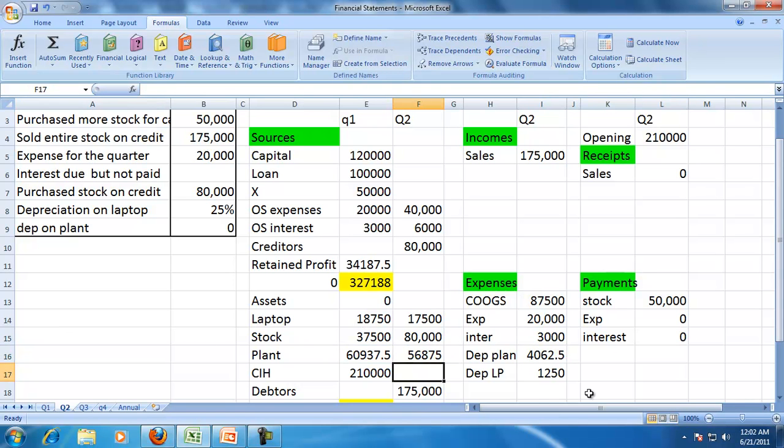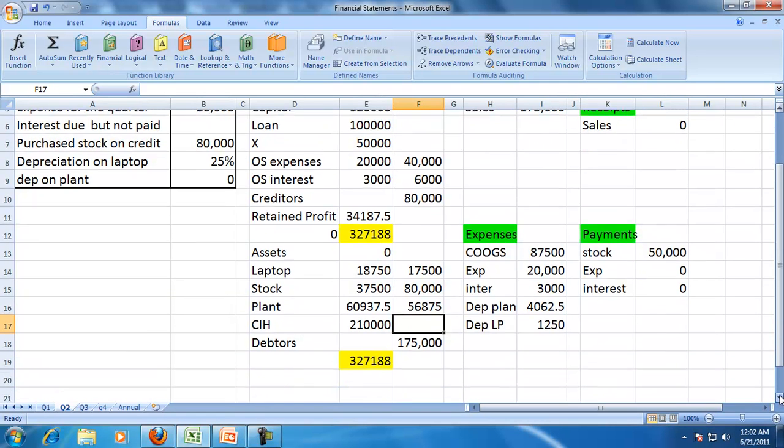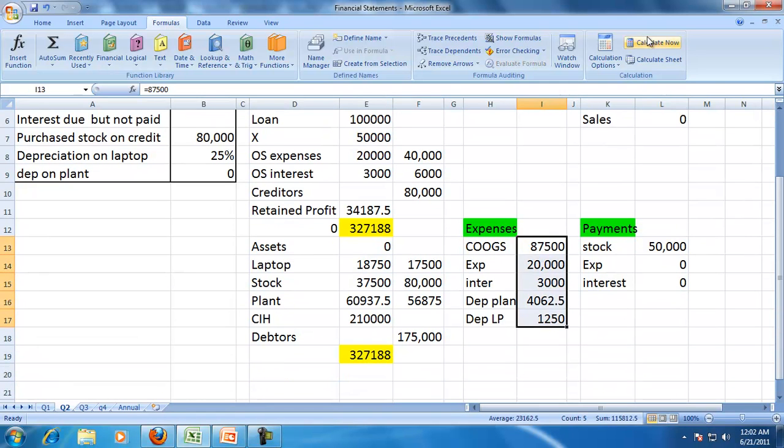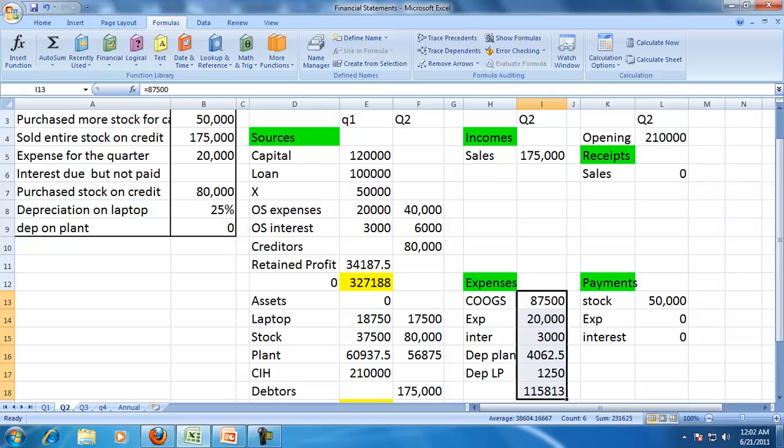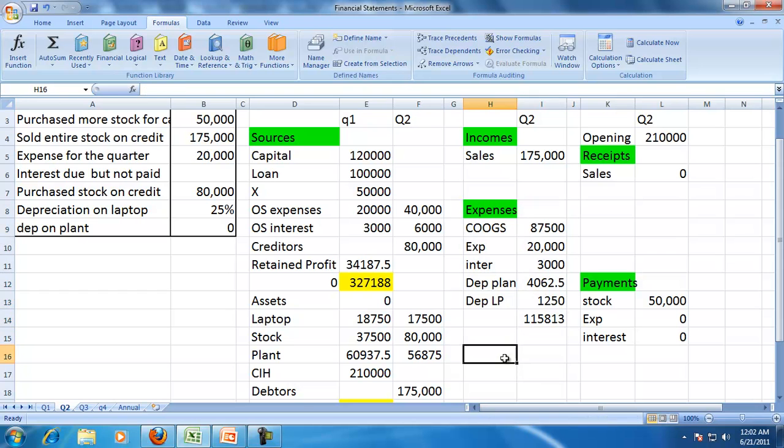Okay, so we are done with depreciation, we are done with interest. So let us find the profit for the quarter. There are 11 expenses, and this is income. So let me copy that. Okay, and as a result, profit is equal to 175 minus this.